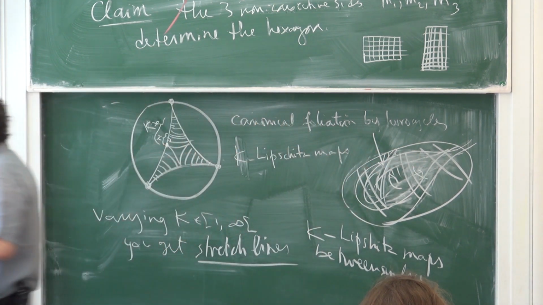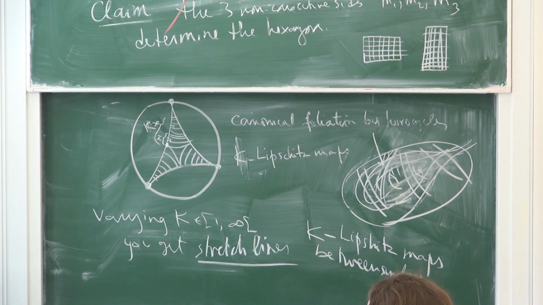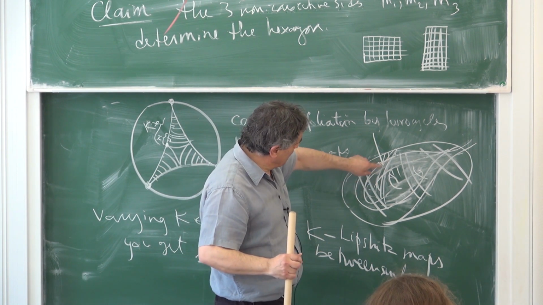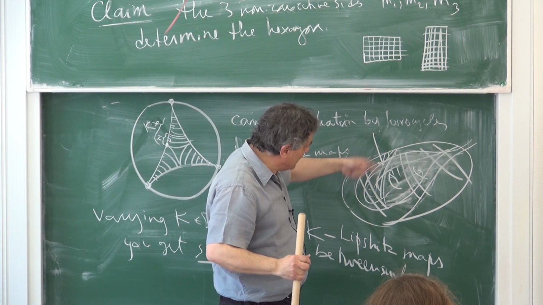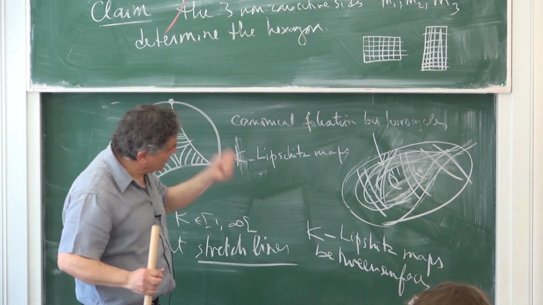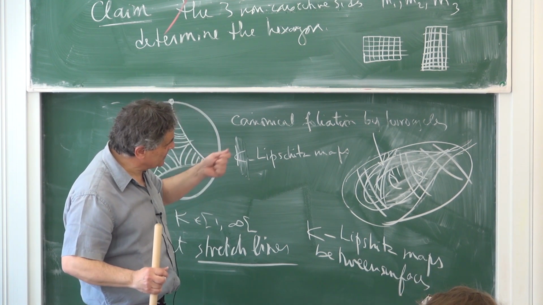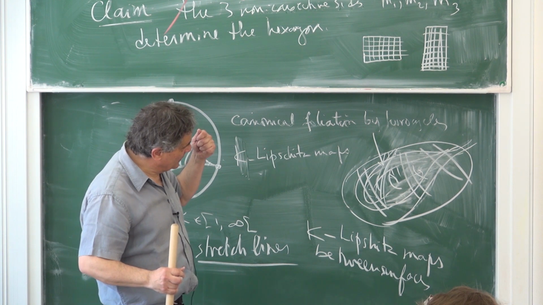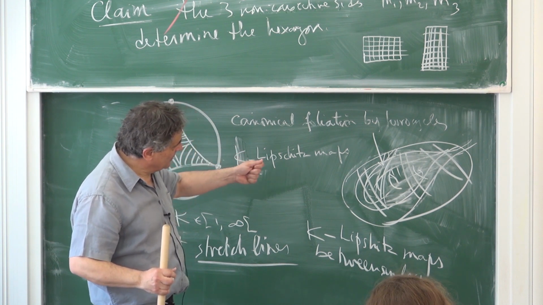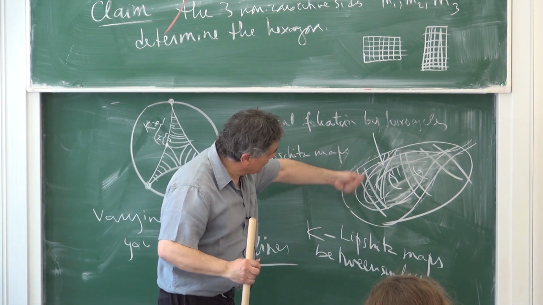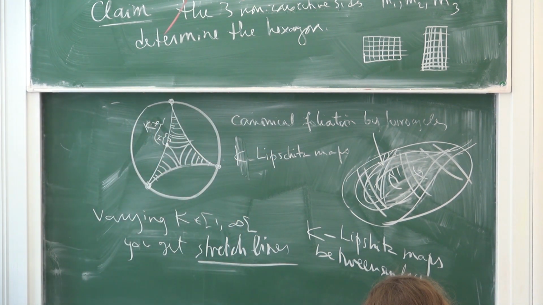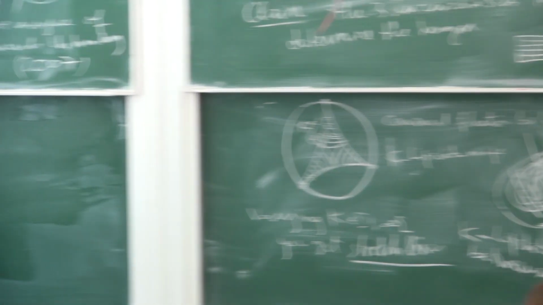This is the problem. But when this lamination carries a transverse measure of finite support, with the rest of it being infinite geodesics which spiral along this sublamination which carries a transverse measure, then these negative stretched lines converge.